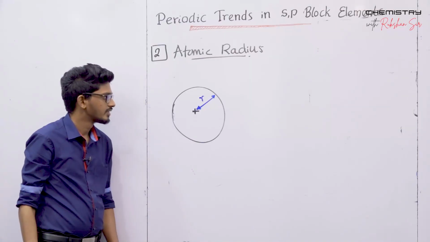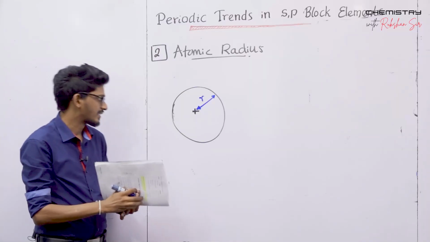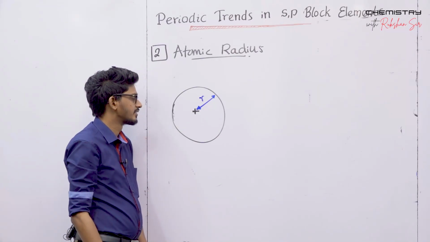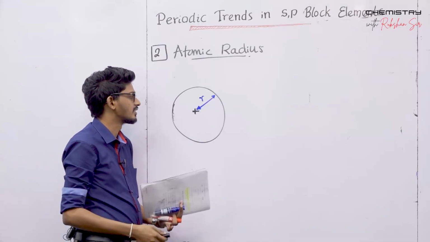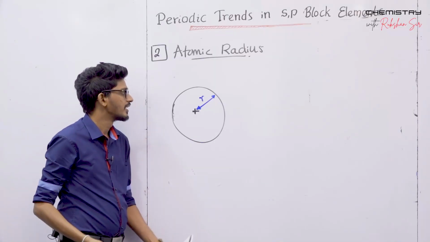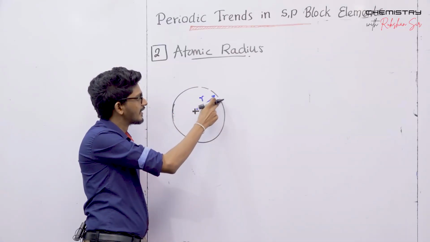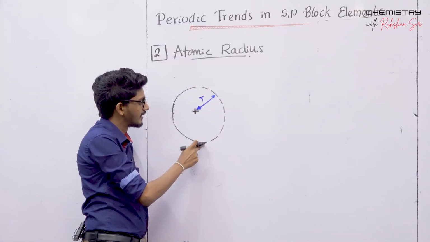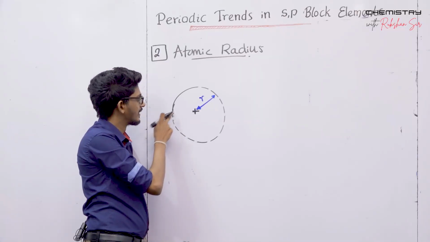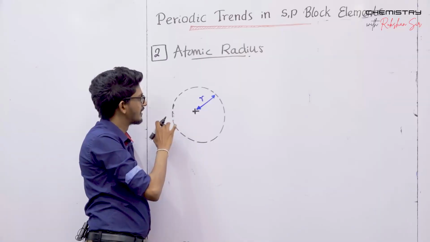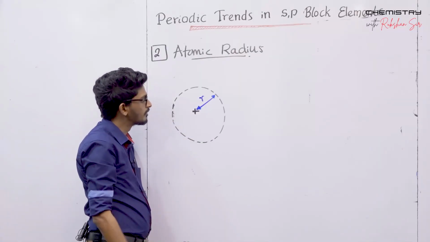But the thing is, practically, calculating the atomic radius or coming up with the atomic radius is a bit hard. Why is that? Because atoms do not have these kinds of boundaries.